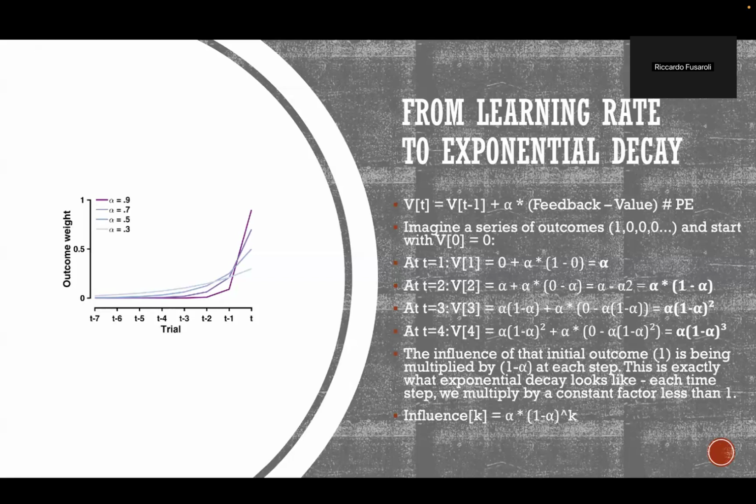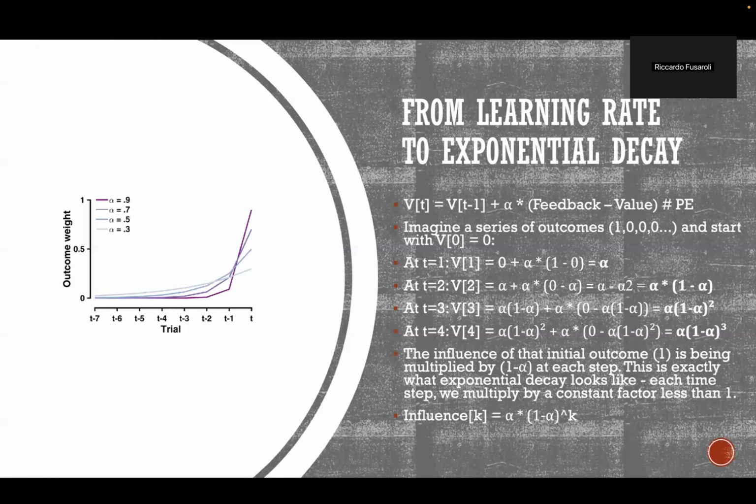Then the value at time 2 is given by alpha, the value at time 1, plus alpha times the feedback, which now is 0, minus the expected value, which was alpha. Which, if we solve it, is alpha minus alpha squared, which is alpha times 1 minus alpha.